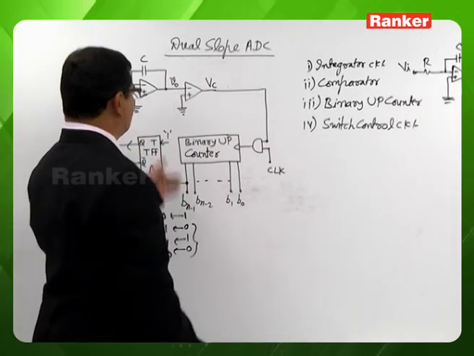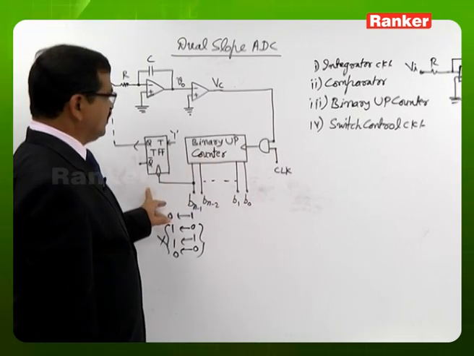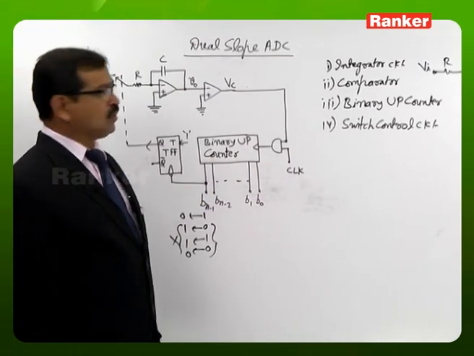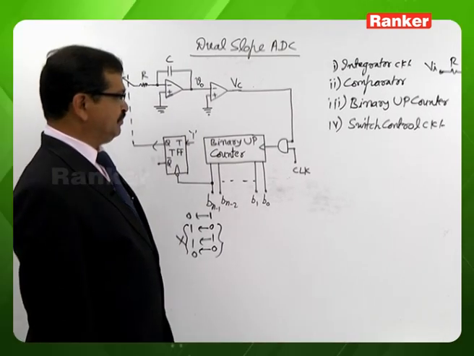So it is the integrator, the comparator, the binary up counter, and the switch control circuit. These are the 4 blocks we are having in this dual slope analog to digital converter.